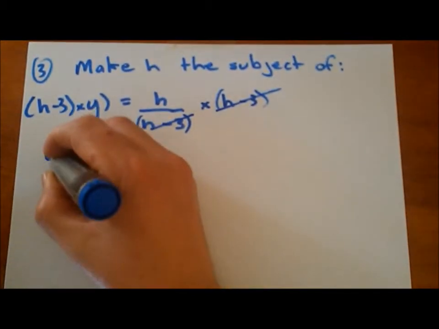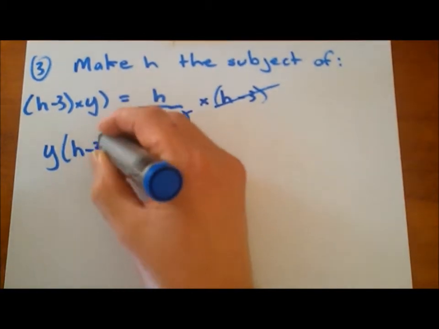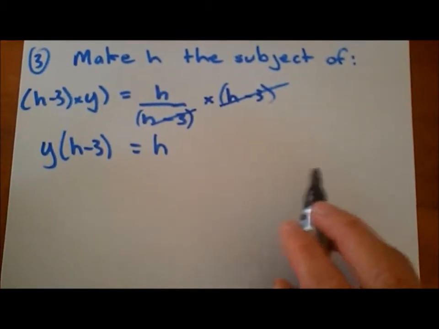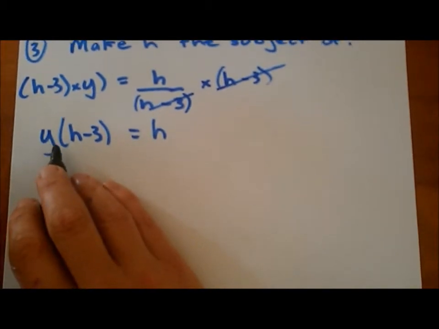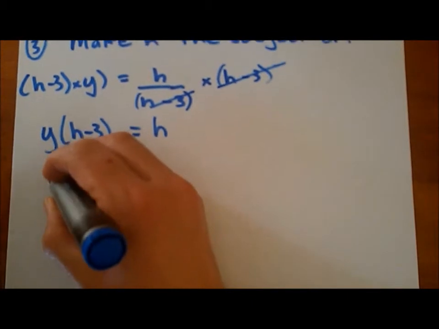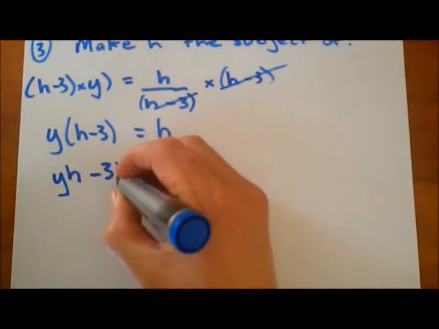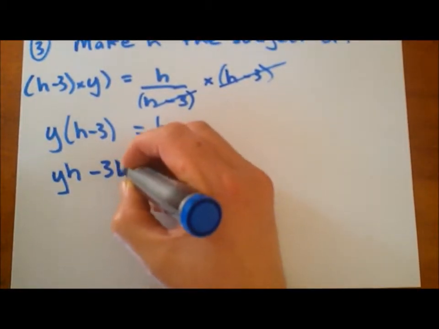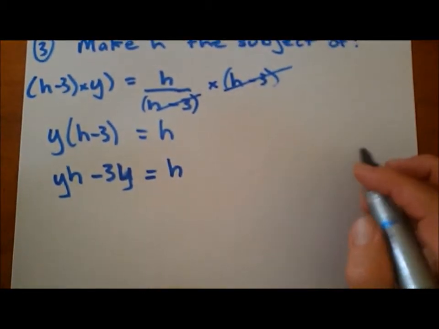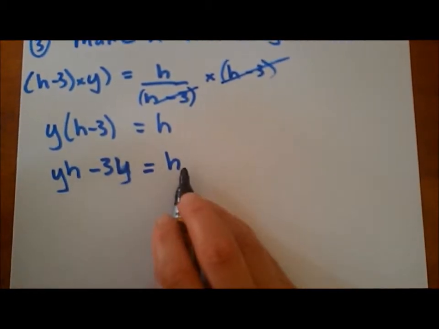This side, I'm left with y, h minus 3 is equal to h. Now, unlike last time, I'm not going to divide by y because I want to collect my h's to the same side. So I'll expand this out. I'll get yh minus 3y, is equal to h.